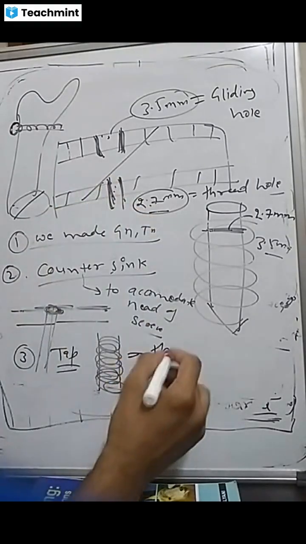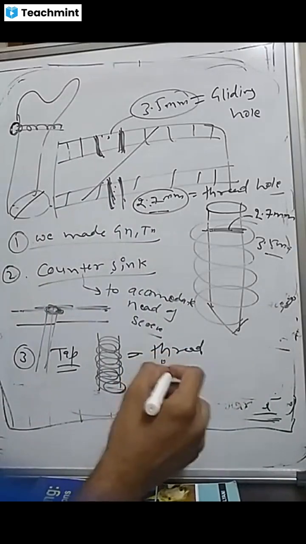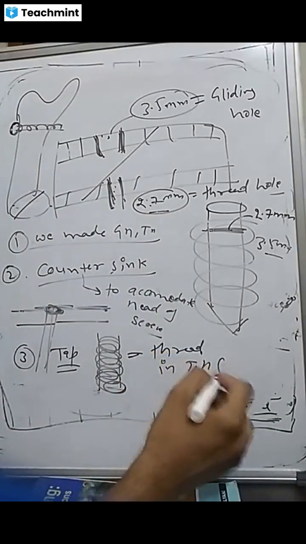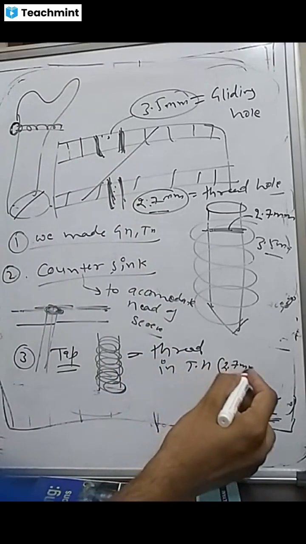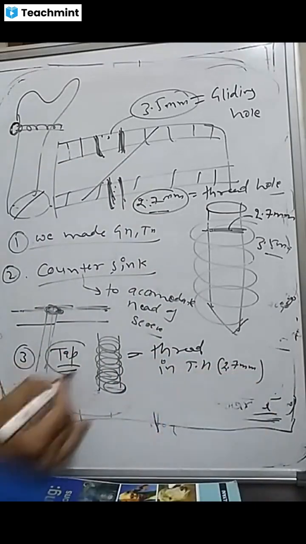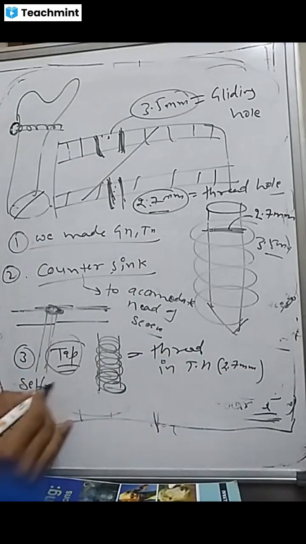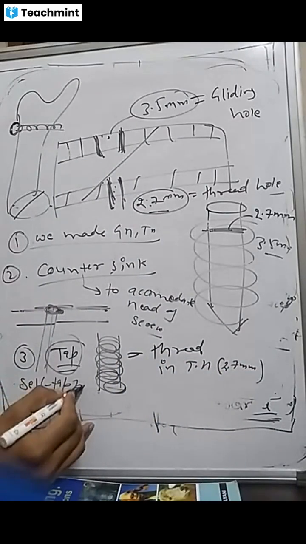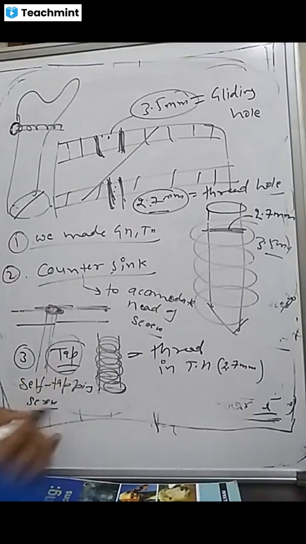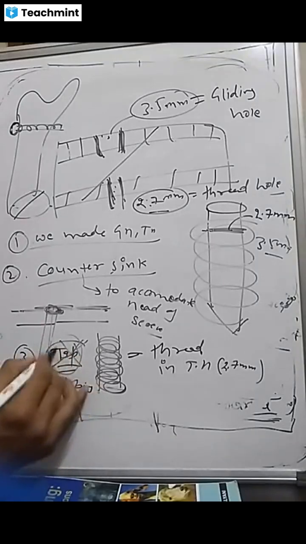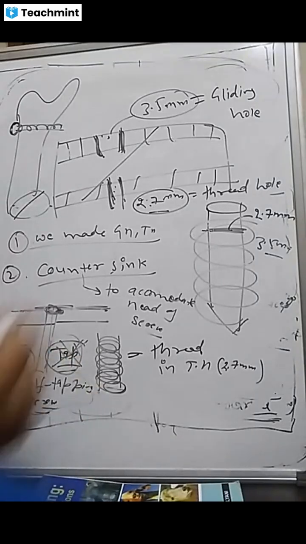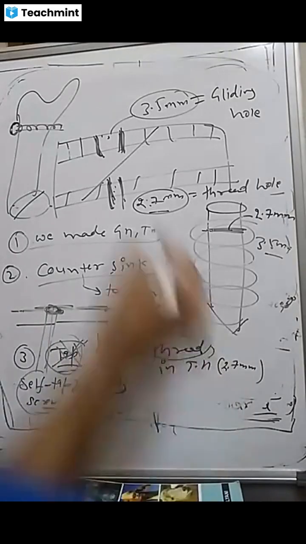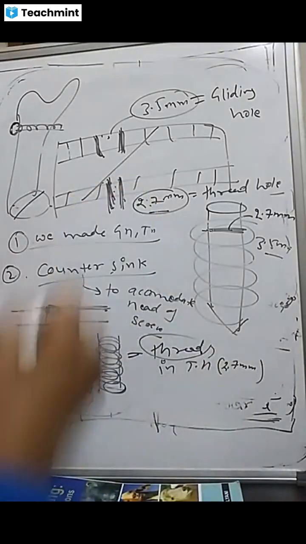So we make the thread in the thread hole, which is 2.7 mm. If you are using a self-tapping screw, then this instrument is not required, because the screw itself makes the thread in this smaller hole.